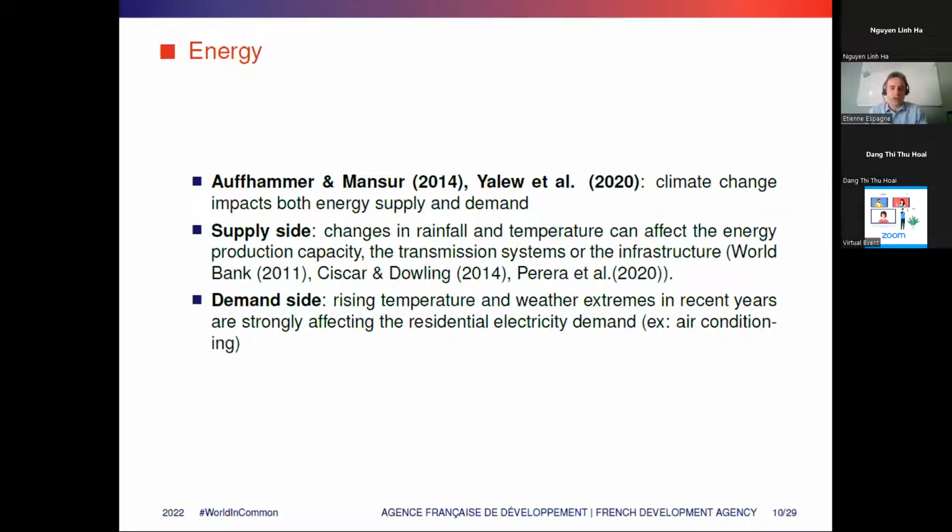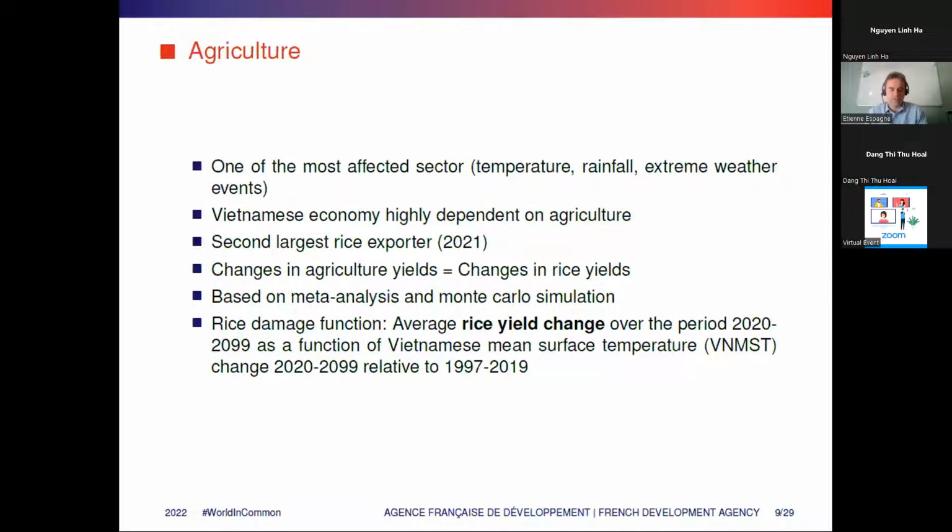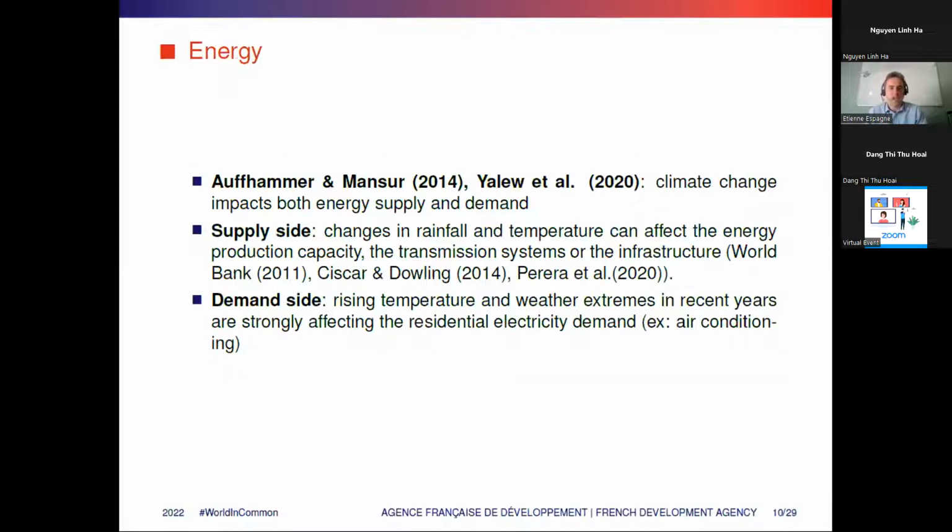So that's for agriculture. Sorry, I will present the damage function afterwards. On the energy side, again, we had an in-house study on hydropower production in Vietnam and the impact of climate change on hydropower production.